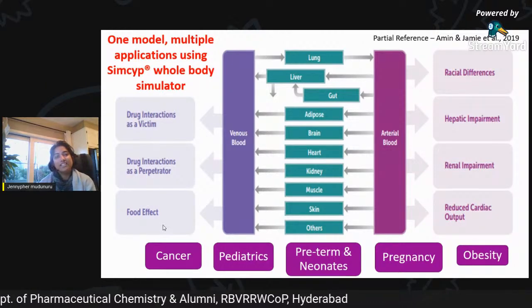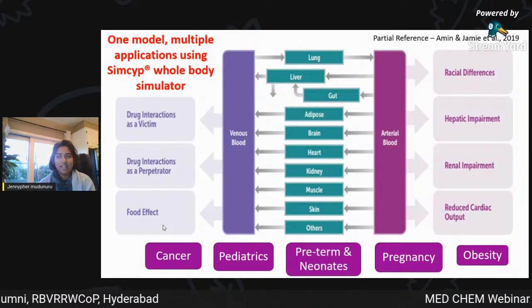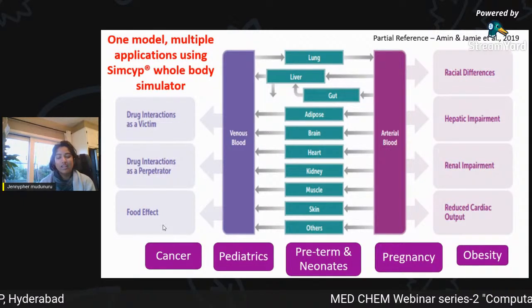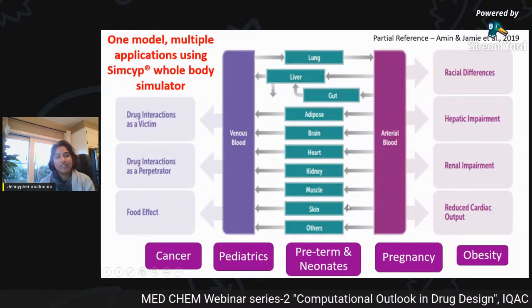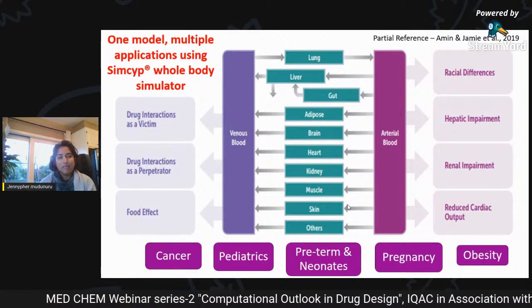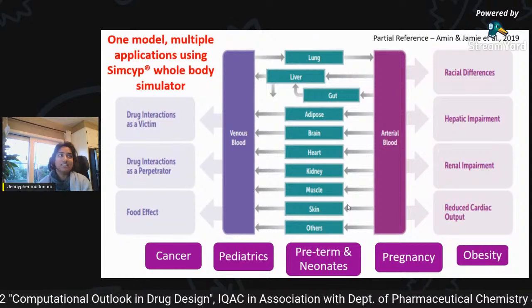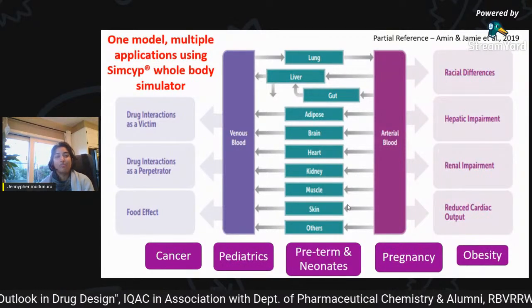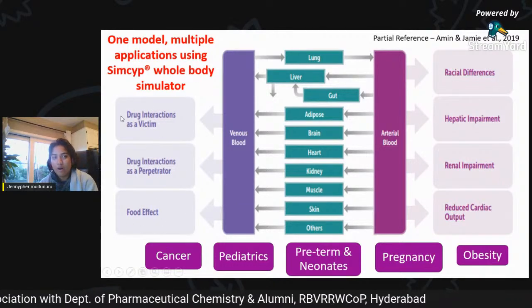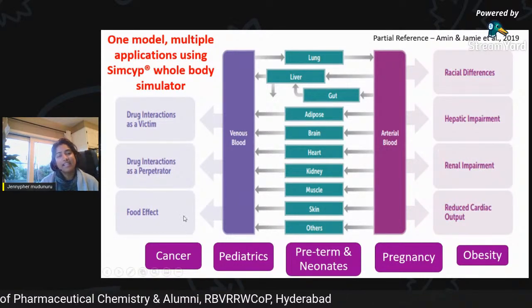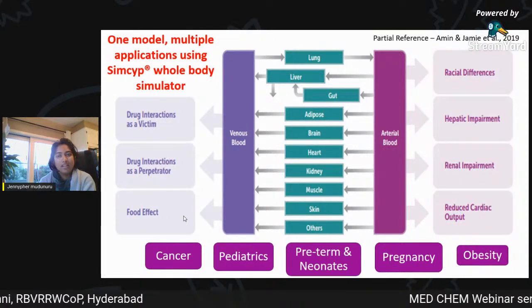For some compounds, there is an increased effect, but you won't know it until you go into the clinic and you get the PK data and you think, oh, I should have dosed it in fasted state because it's more effective. So, in order to save that time and guide you whether you have to go in a fasted state or a fed state, which is called a prandial state, you can apply this model and run simulations and get that understanding beforehand, so you can save a lot of time and money.